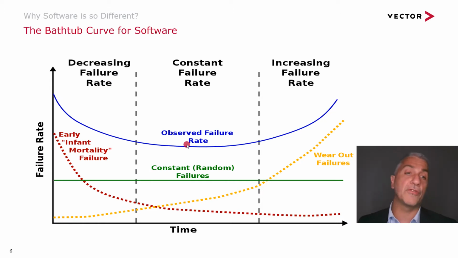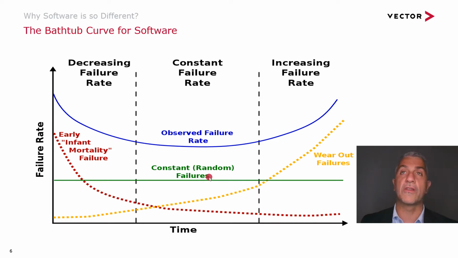If we talk about software, if we talk about the different components, the early infant mortality failure rate, the burn-in that we just discussed, and the wear out, the obsolescence in yellow that we discussed before. And we talk also about the constant random failures. So these are the failures that could happen at any time.